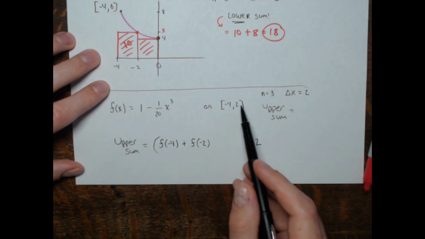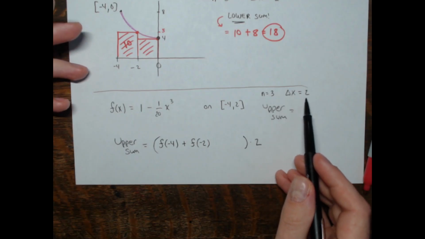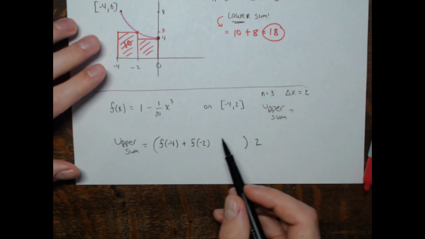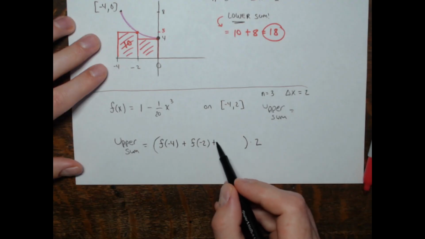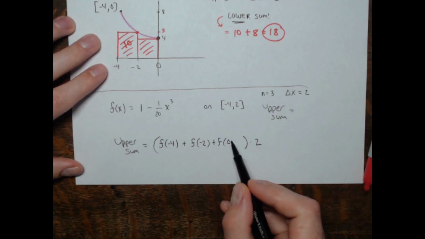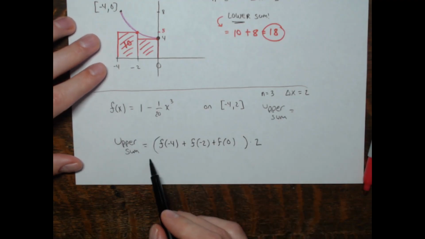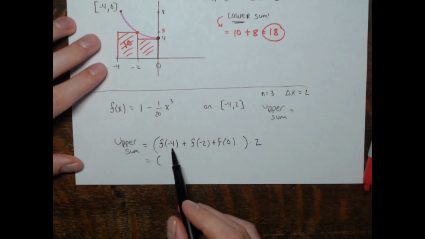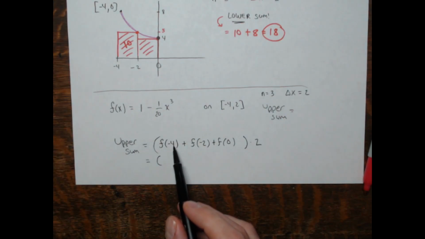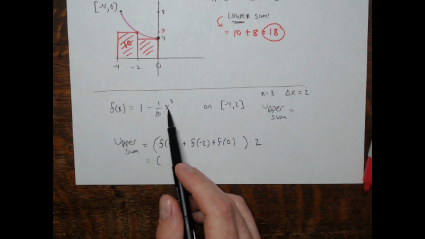The next piece, just keep adding 2 to the inputs for the widths, plus f at 0, and all that times 2. Now at -4, well, that's not so bad.